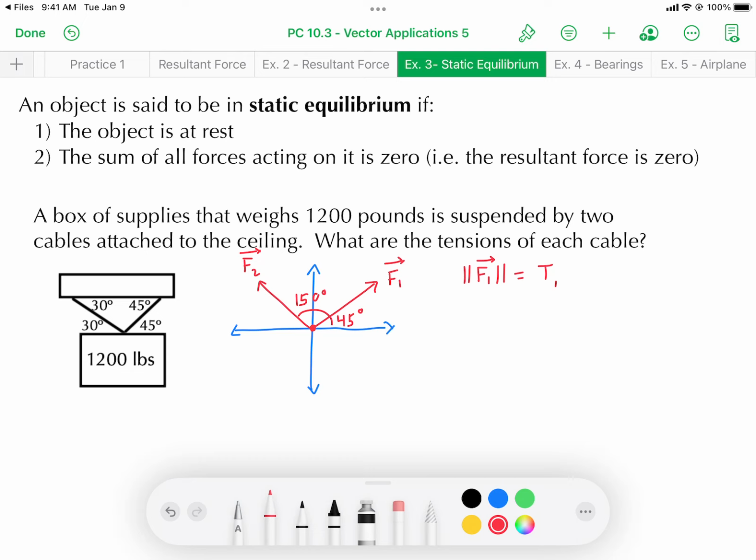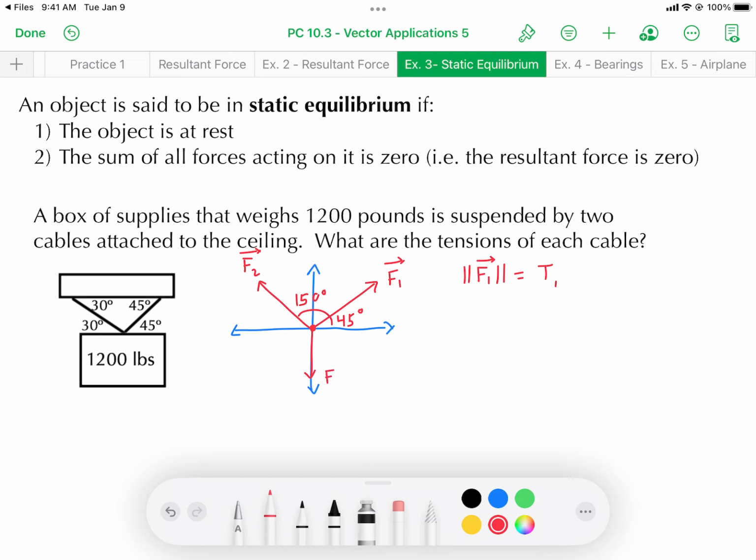Okay, now, where's the third vector? Anybody that's maybe taken physics might know. It's the force of gravity, acting on the object, pushing it straight down, right? So the third force vector is along the negative y-axis.